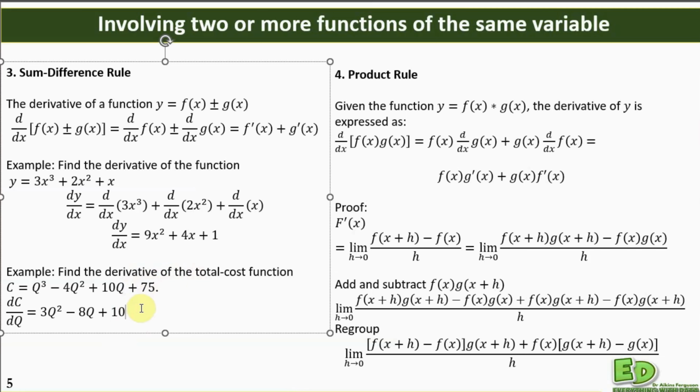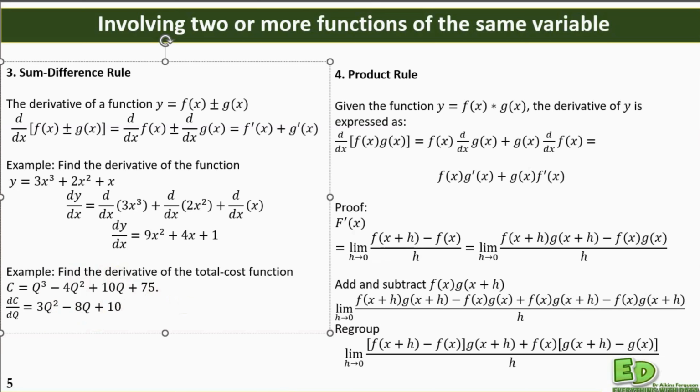It goes away. So the differential of the total cost function, q cubed minus 4q squared plus 10q plus 75, is equal to 3q squared minus 8q plus 10. That's the derivative of the total cost function.